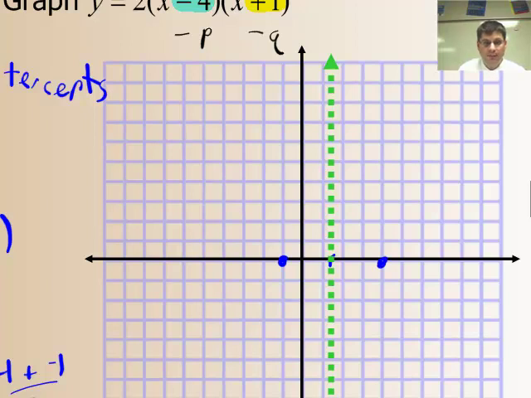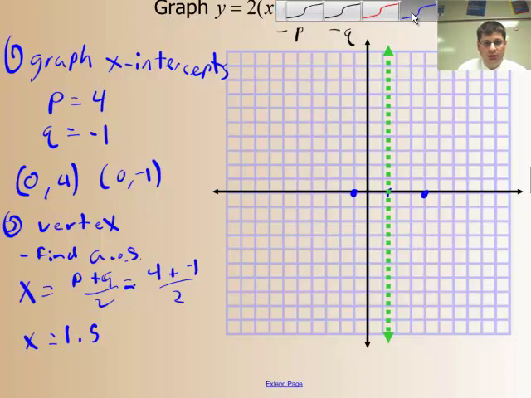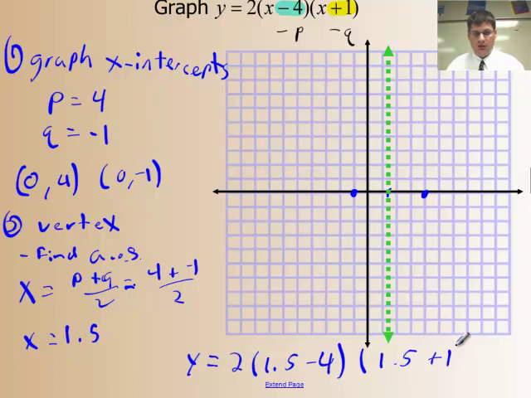So let's do that. Let me give myself a little bit more room to work with, so I'm going to scroll down here. All right. So it's y equals 2 times (1.5 minus 4) times (1.5 plus 1).